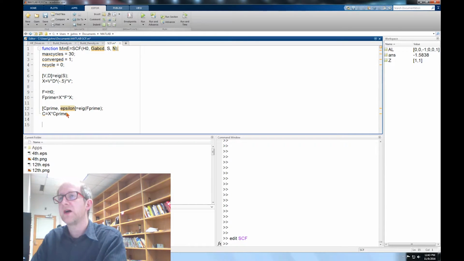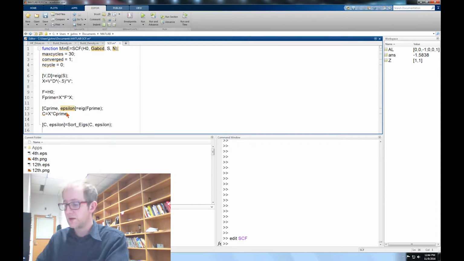All right, so now we have our eigenvectors in terms of coefficients of our atomic orbital basis sets. Now we need to sort to pick out the eigenvectors associated with the lowest energy eigenvalues. So we're going to write C, epsilon equals sort eigs C, epsilon. We'll have to write a routine to do that.